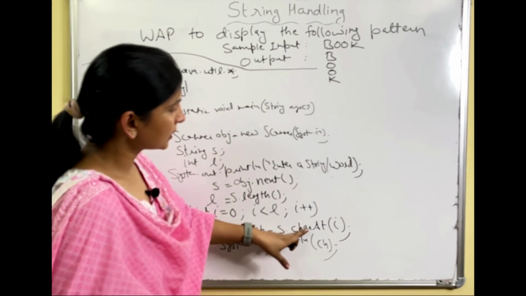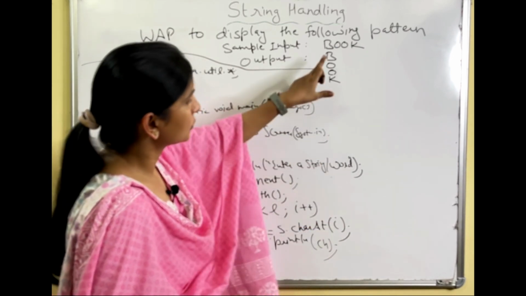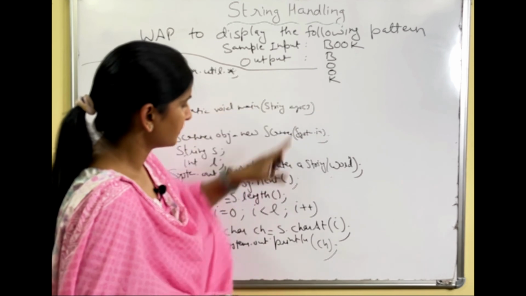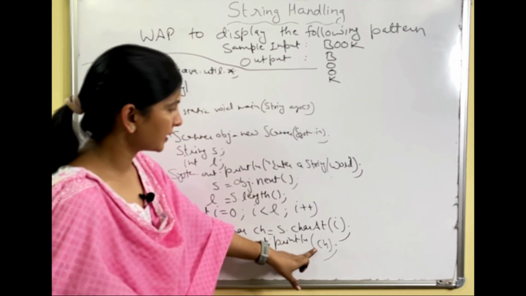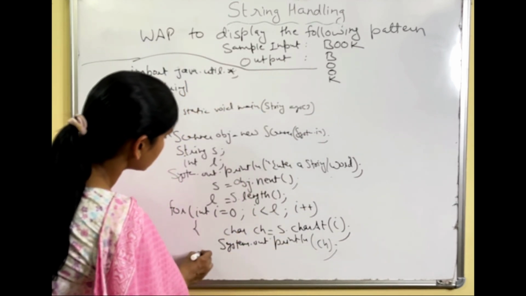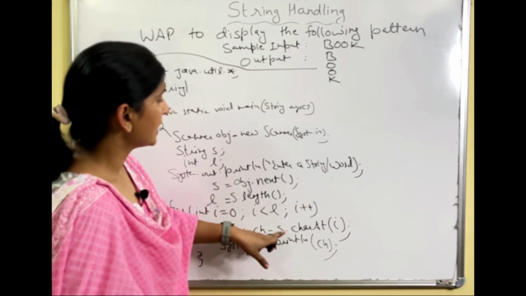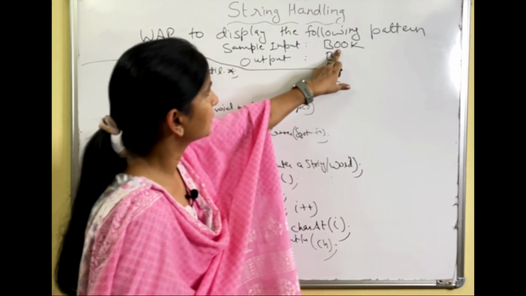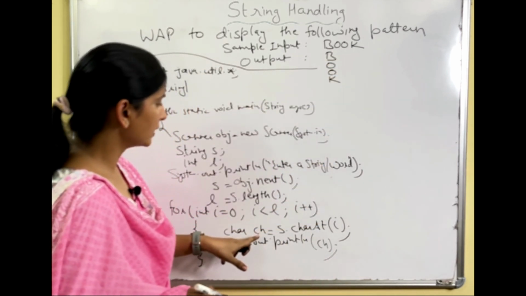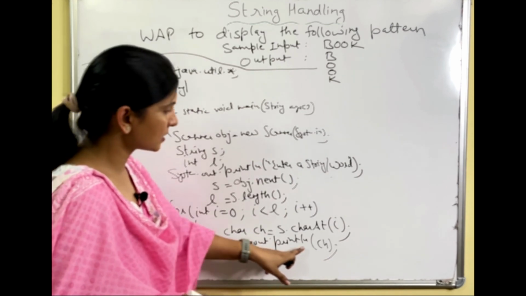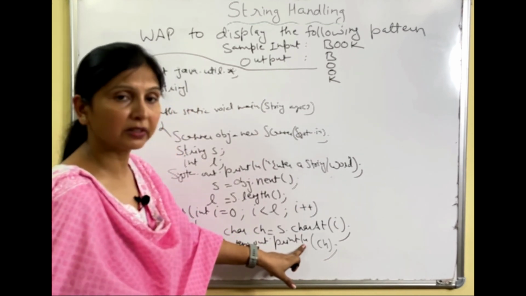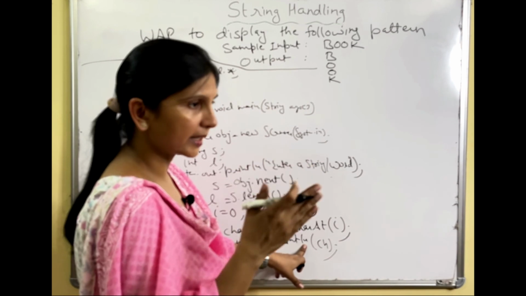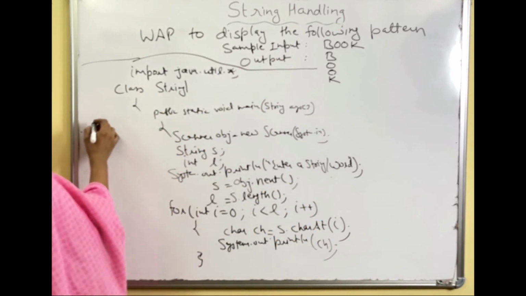Then s.charAt, first i is 0, so it will return B. So B will be displayed, fine, and the loop is closed. Next time s.charAt(1) is O. So O will be returned and assigned in ch, then O will be displayed as we have given println. So all the characters will be displayed on the next line.